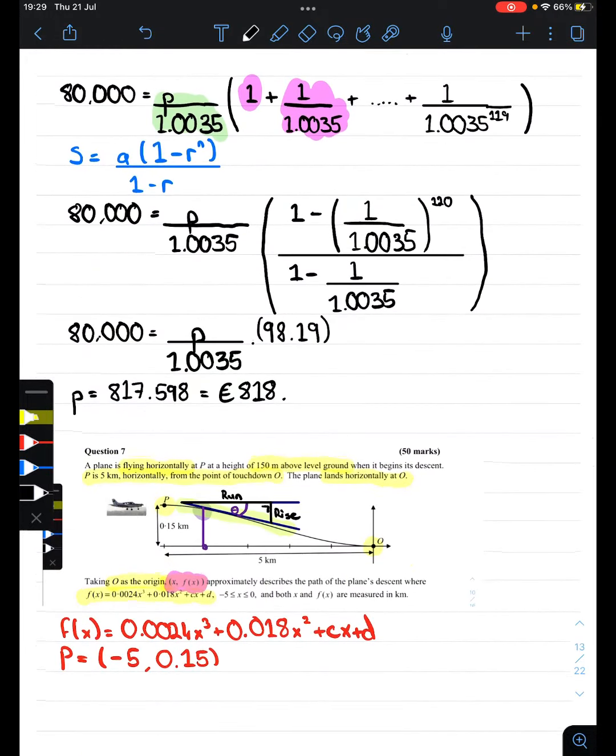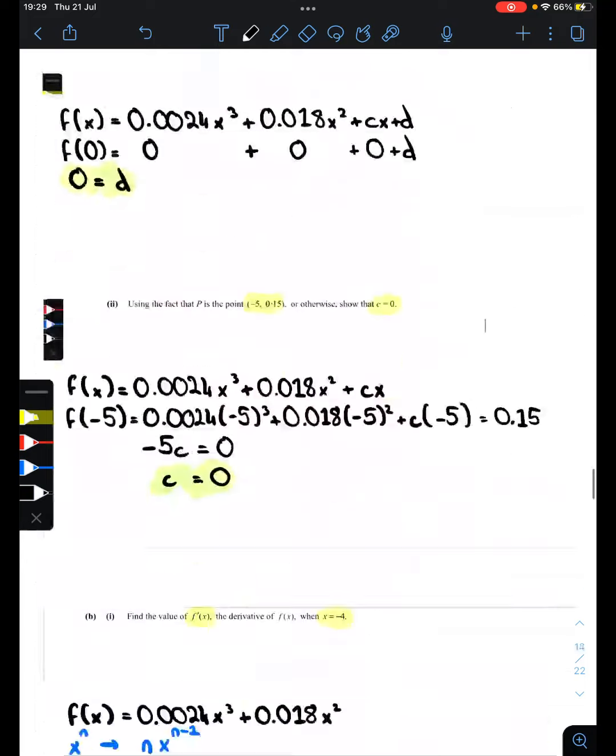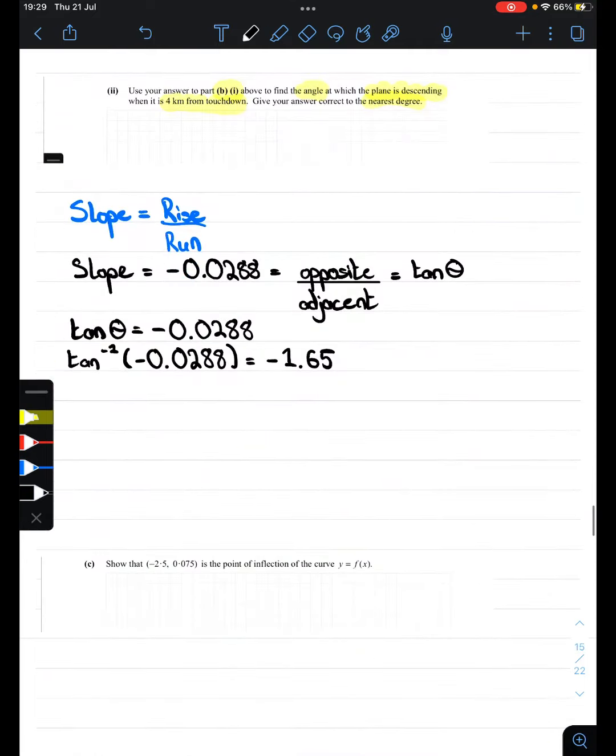So our angle of descent, rounded to the nearest degree, would just be 2 degrees.